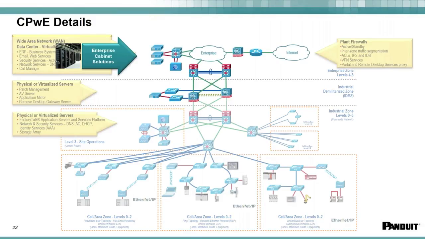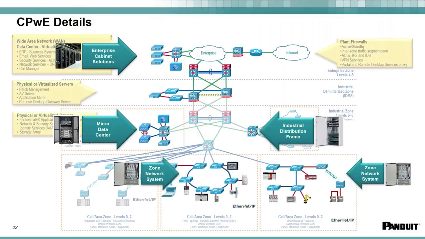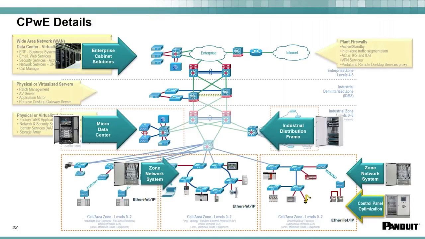So as we walk through there, we'll have the enterprise cabinets at the enterprise level, and then we'll use the micro data center and the industrial data frame here at the mid-level, and then the network zone enclosures or the control panels at the lower level.